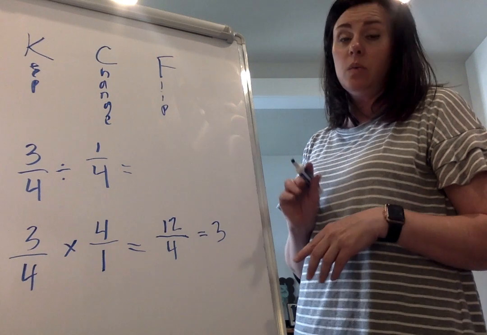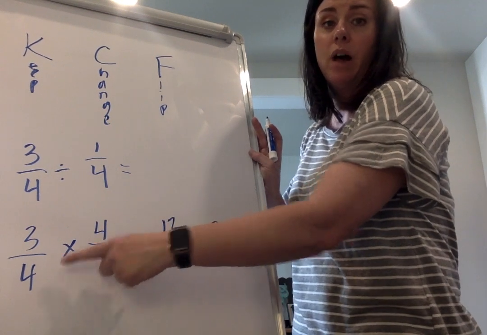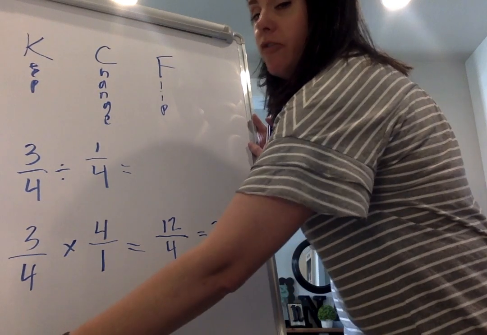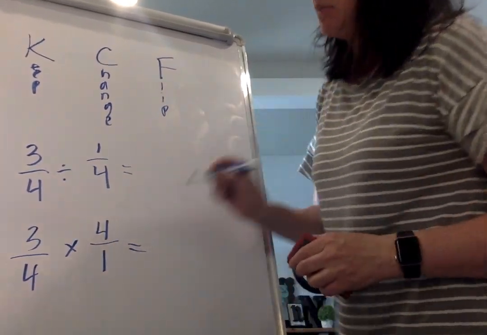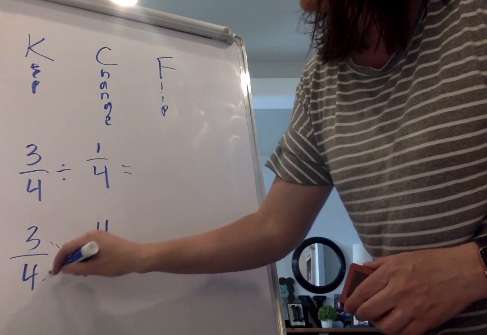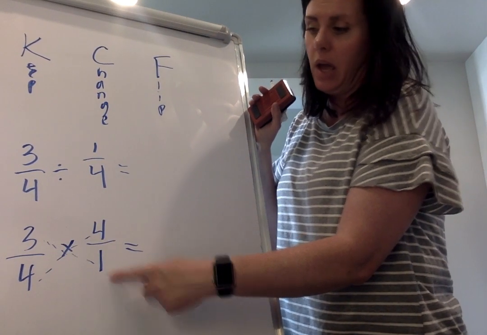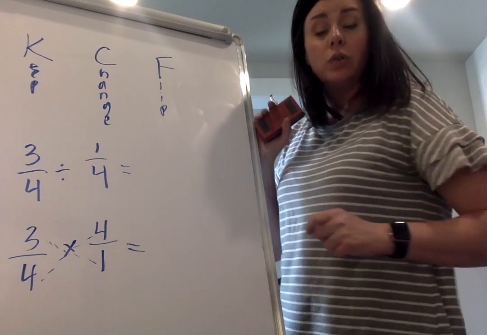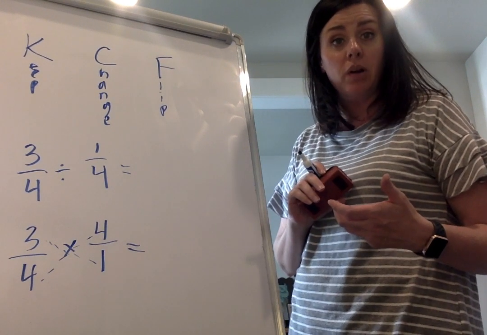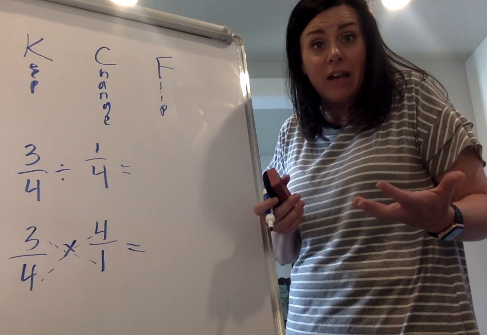But there's another way that we could actually do our multiplication as well, and that is to cross-reduce before. Let's try it out and see if we get the same answer. So we're going to cross-reduce. 3 and 1 are as low as they're going to go already. But 4 and 4, those could be divided by the same number, right? They could both be divided by 4.